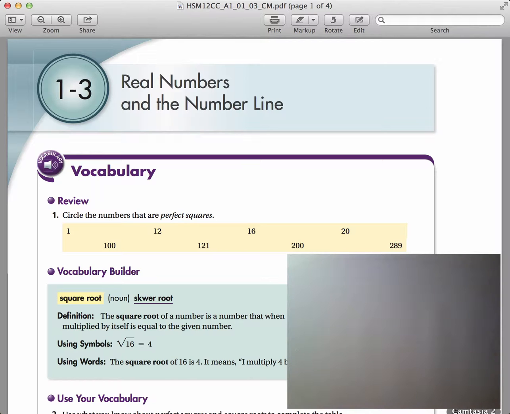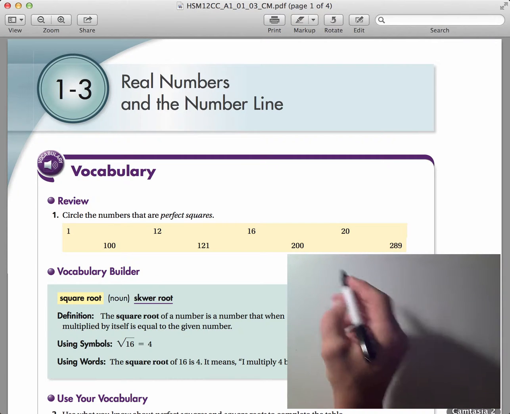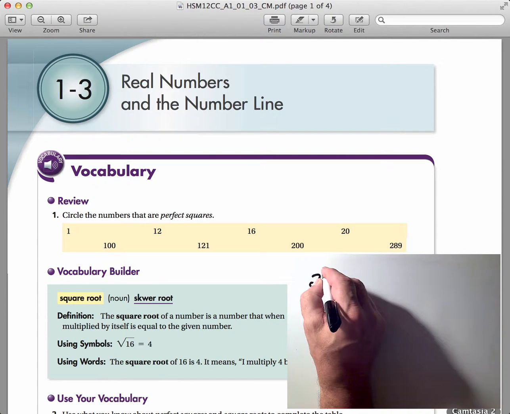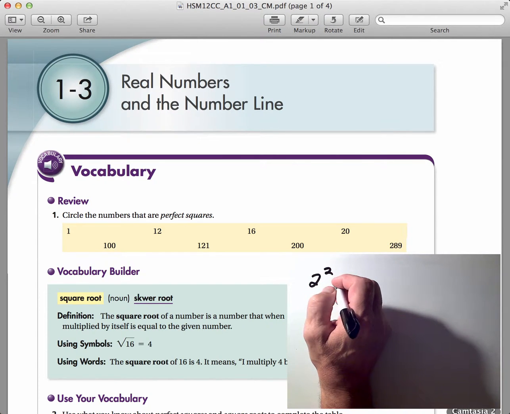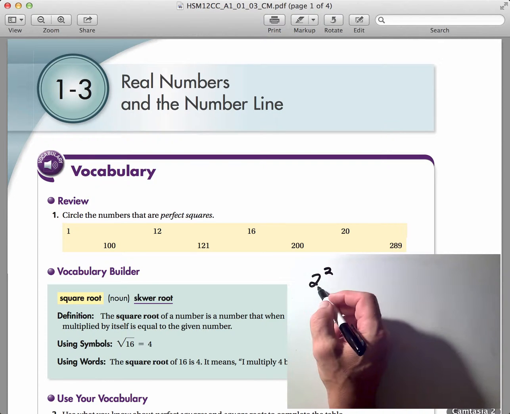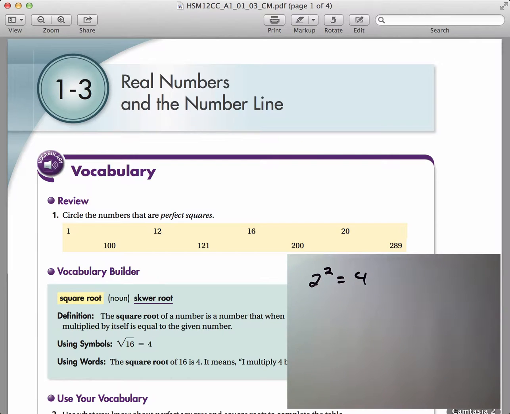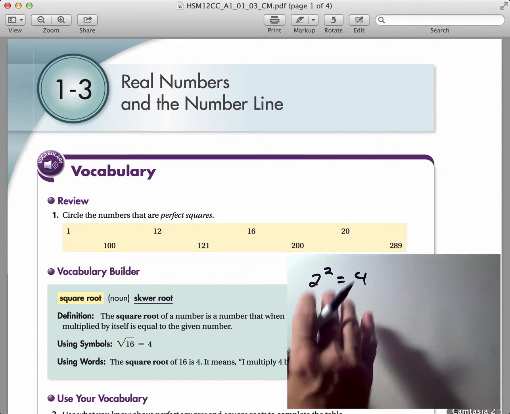Well, in the last chapter, we worked on powers, right? So if we said 2 squared, then we knew that this was a power, and this equals 4. Perfect squares are whatever combinations we can come up with.